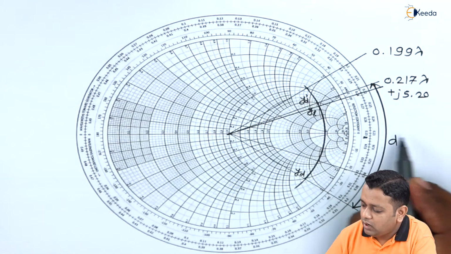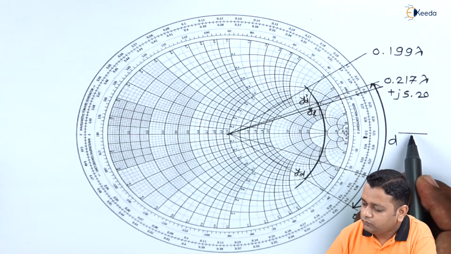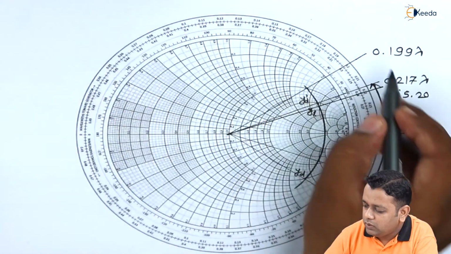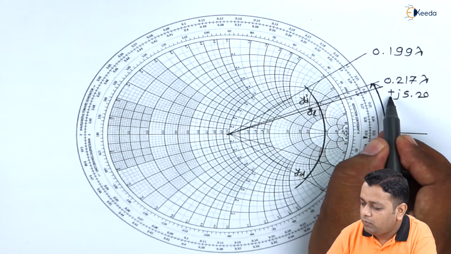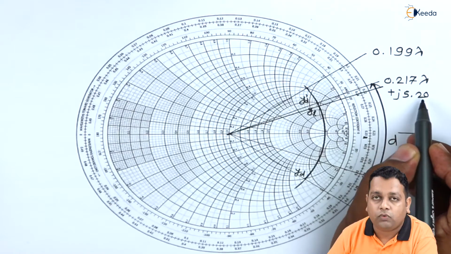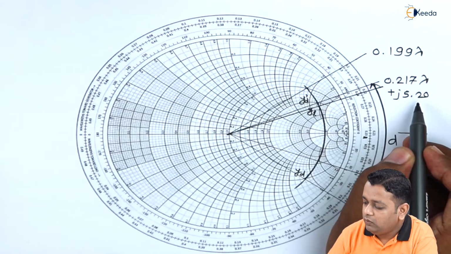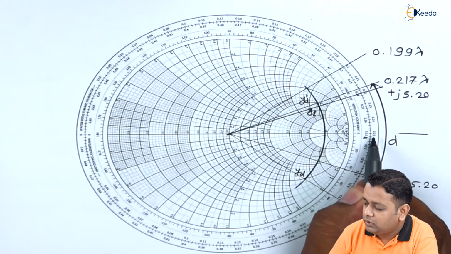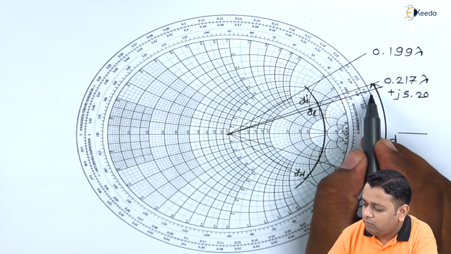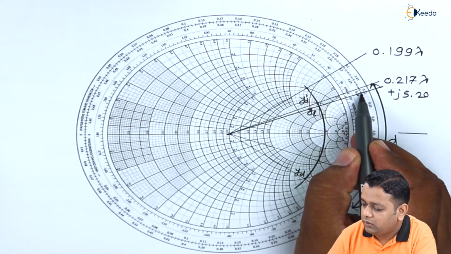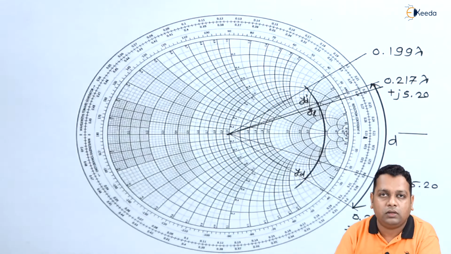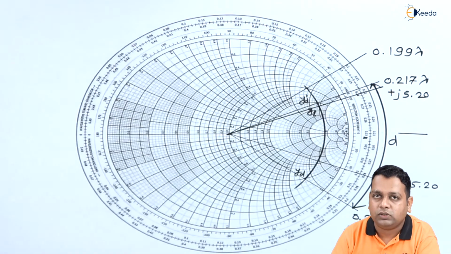So from starting this particular position, we need to go in this particular direction and come to the position where we have marked positive j times 5.20. So when we take the difference between 0.25 and this marking that we can see on this scale corresponding to the wavelength, we shall show you.